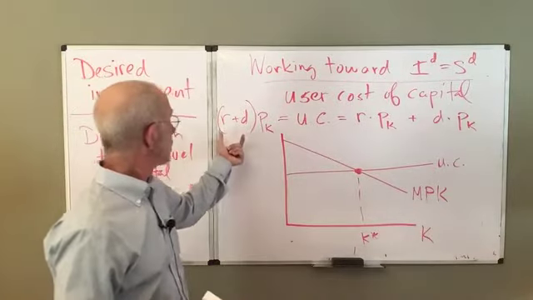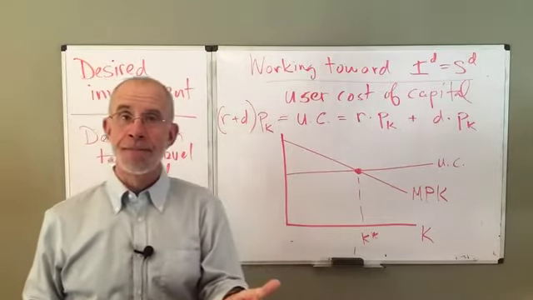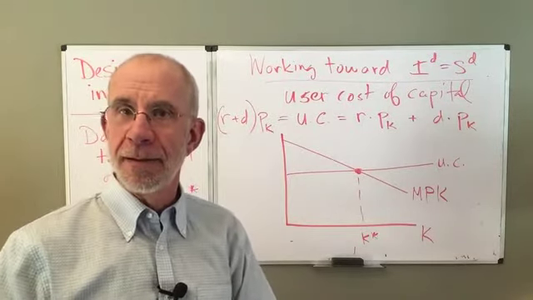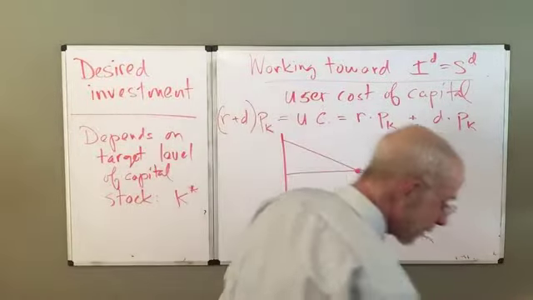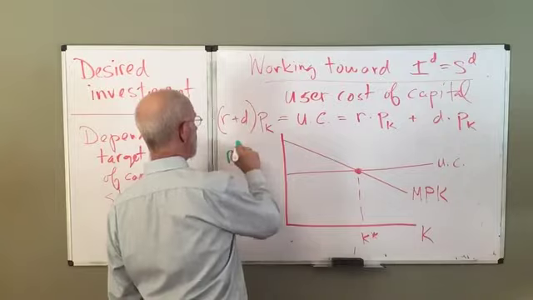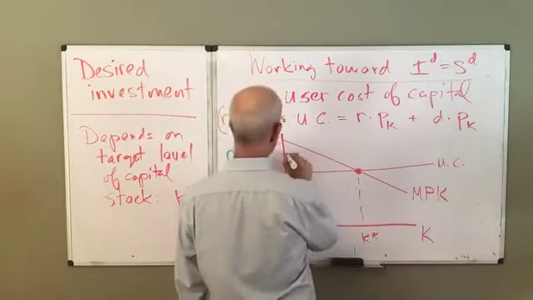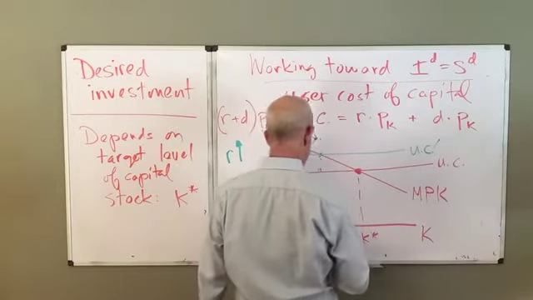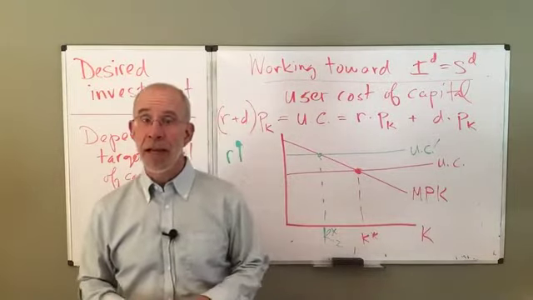And I'm going to be looking at potentially how that will be affected, for example, by an increase or a change in the real interest rate for borrowing funds. So, for example, if you had an increase in R, that's the increase in the cost of borrowing funds, what you would see is that the user cost would rise and you would have a lower level of capital that is desired.